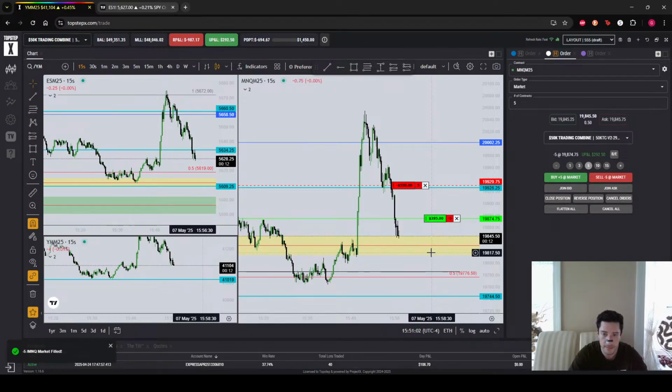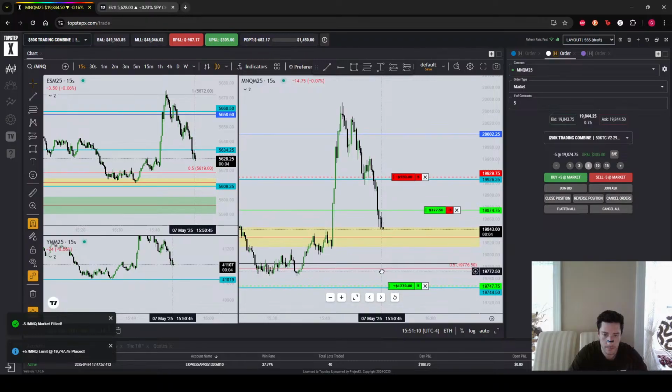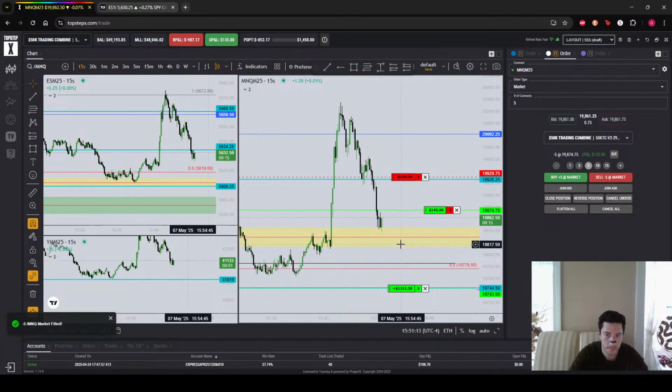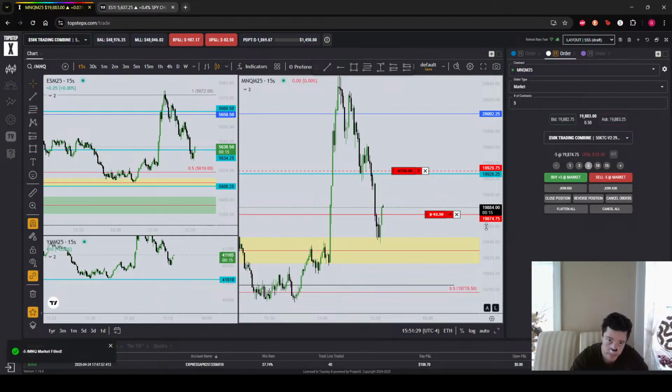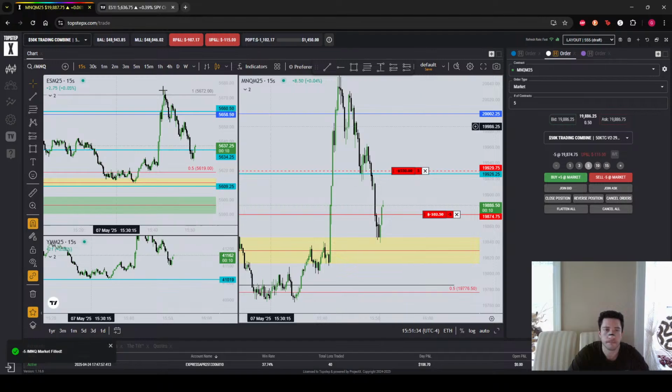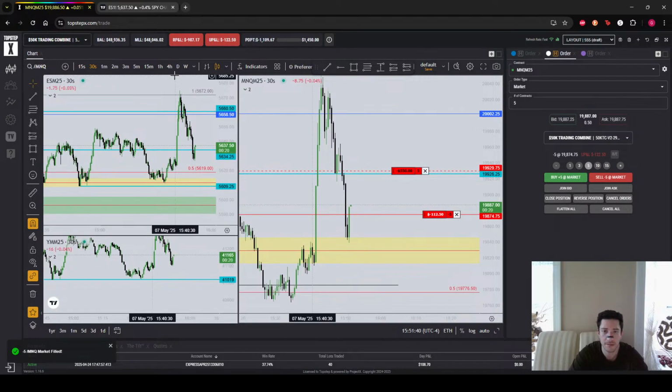Last 10 minutes of the market. Am I a fool to believe that it's going to run all the way back down? I don't know. I don't think I am.